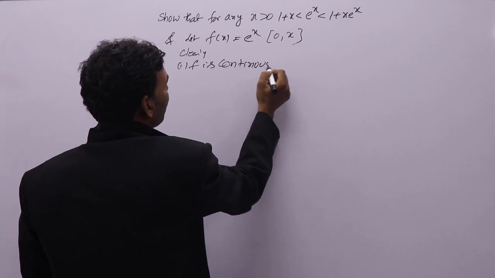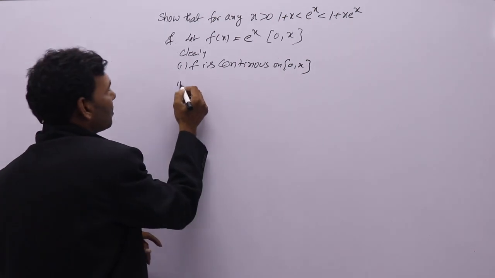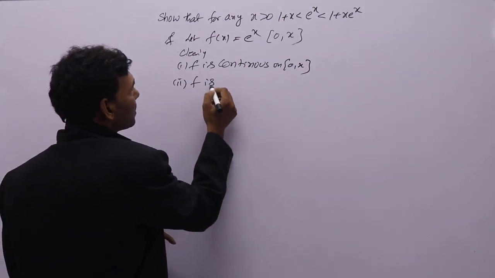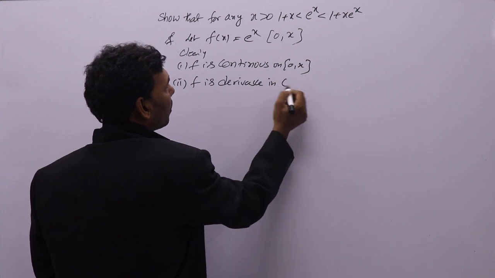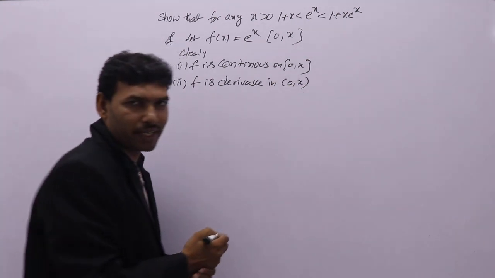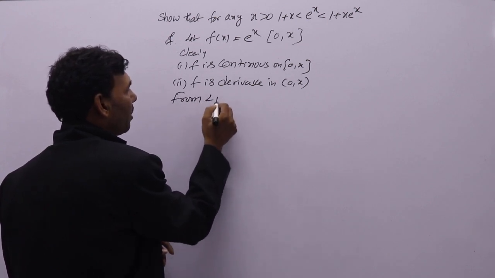That's why clearly f is continuous on the closed interval 0, x. Similarly, f is derivable in the open interval 0, x. Then what happens from Lagrange's mean value theorem?